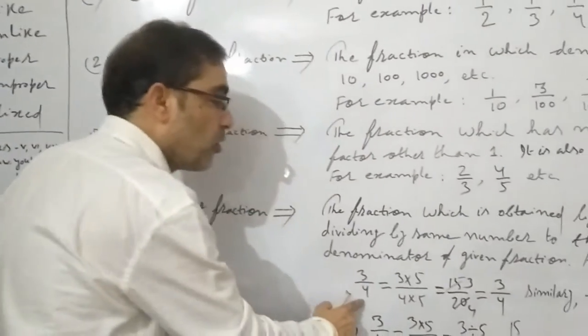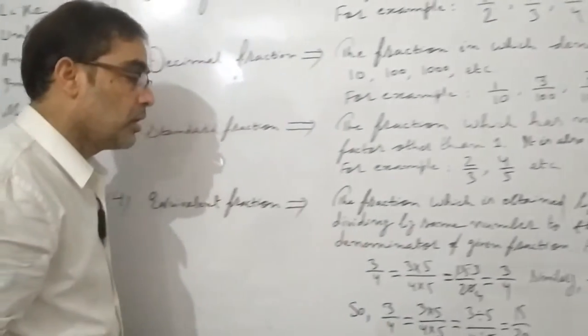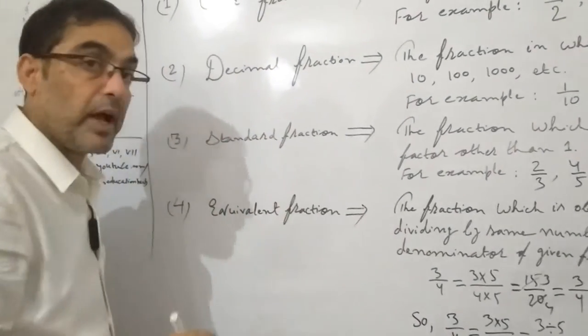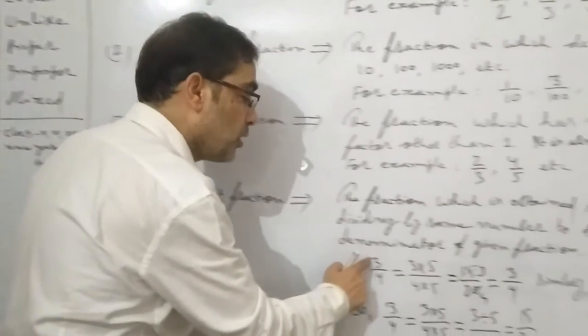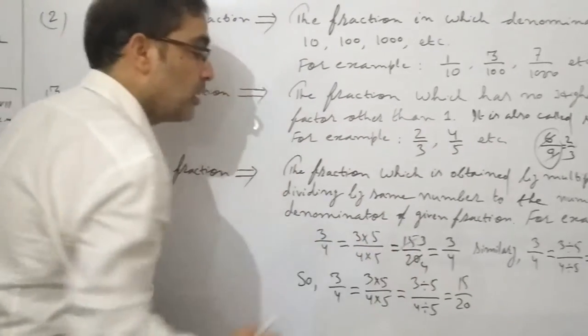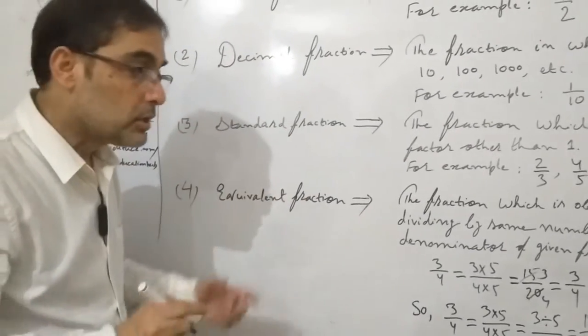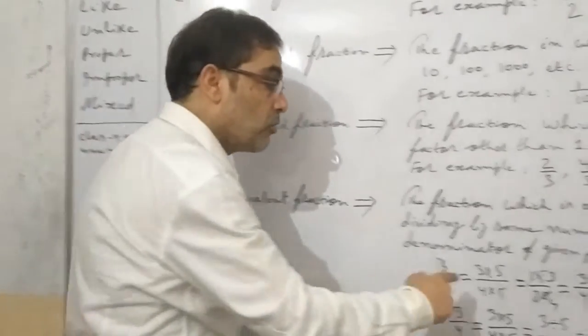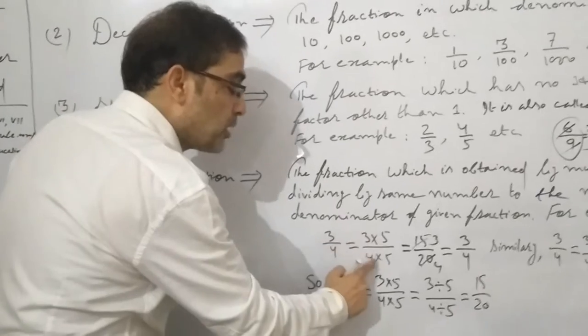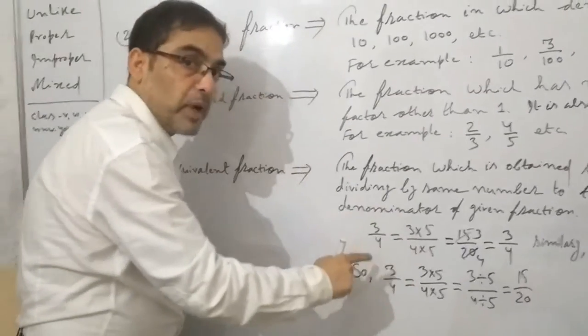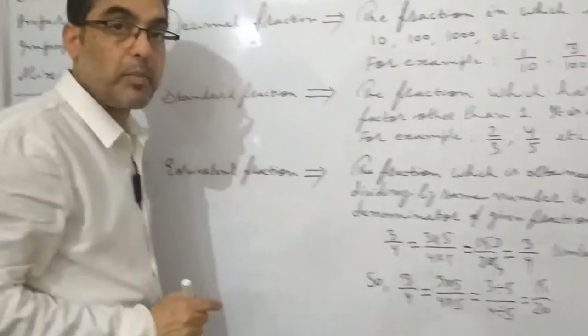So 3 by 4 and 15 by 20 are equivalent fractions. Why are they equivalent fractions? Because 3 by 4 and 15 by 20 have the same value. And how has 15 by 20 come? By multiplying by the same number.